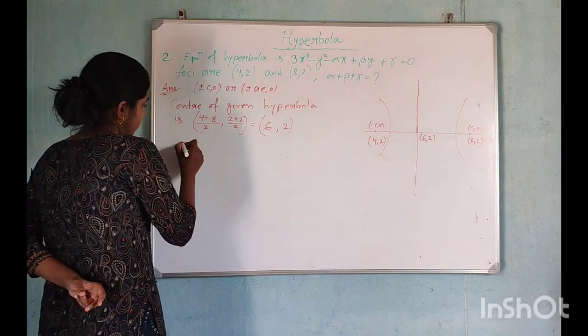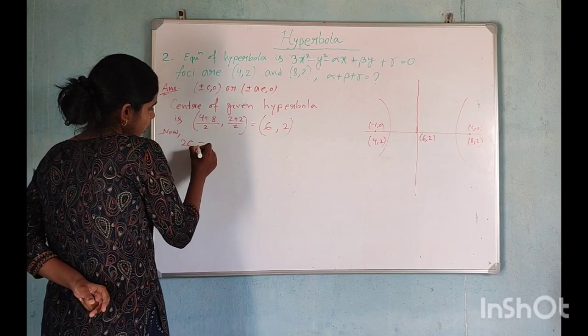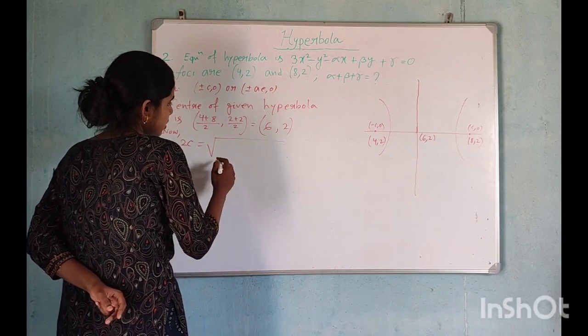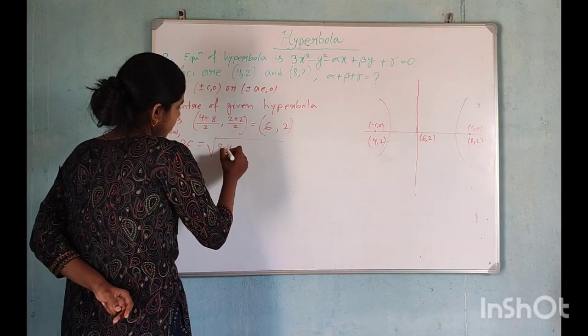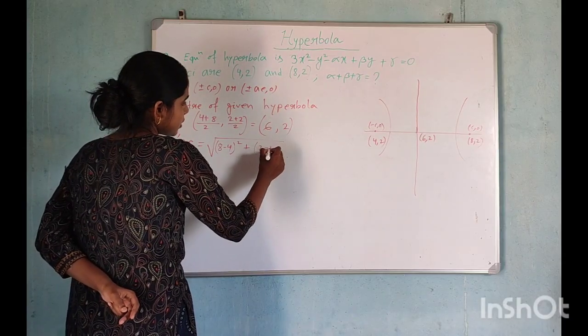So 2C equals root of (8 minus 4) whole square plus (2 minus 2) whole square.